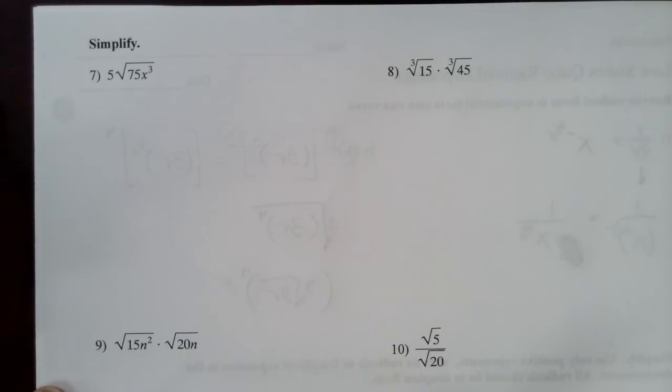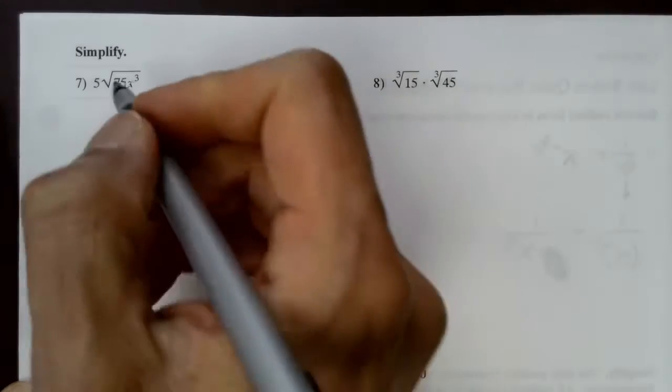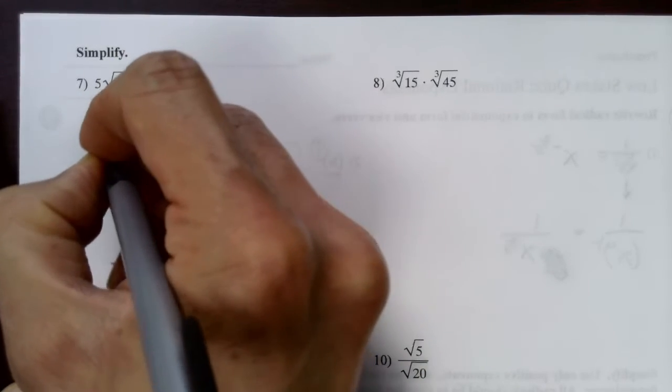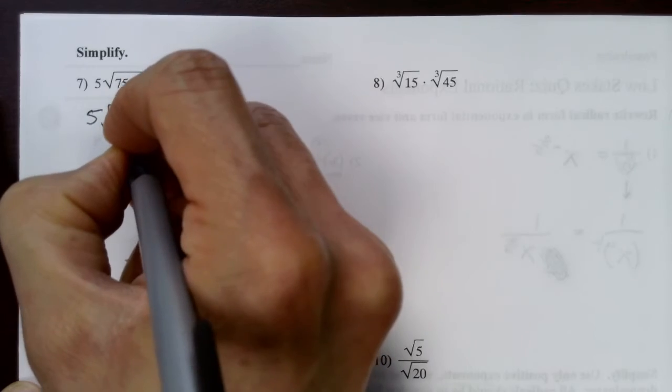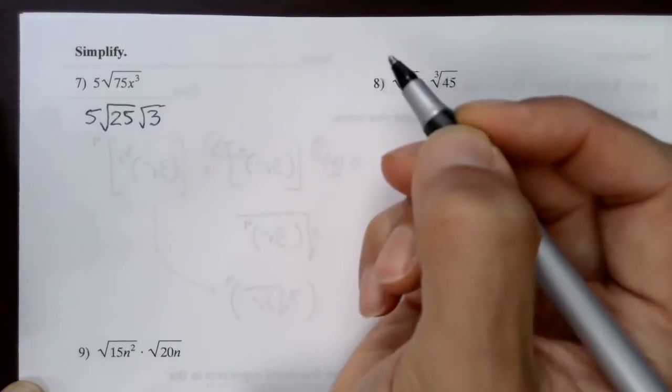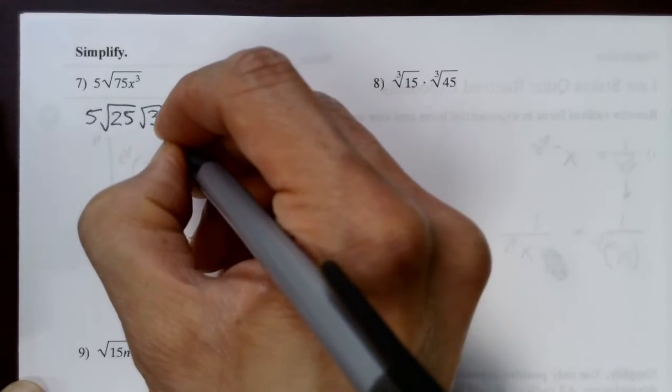So moving on to the other side. Simplify. We're looking for perfect squares in here. So we've got the 5 on the outside. 75 contains 25, right? That's 5 squared. It's 3 times 25, so I've got 3 left in there.